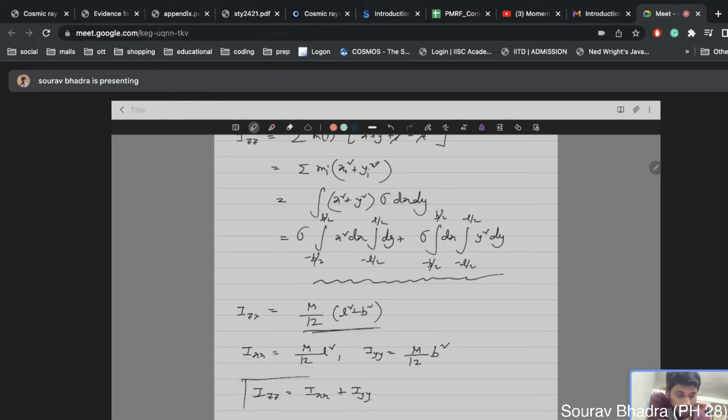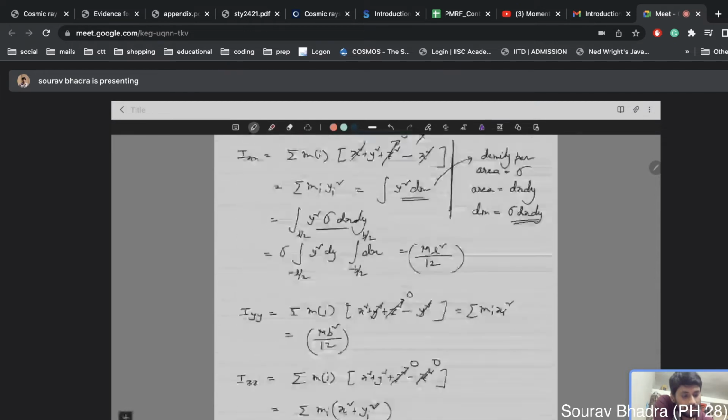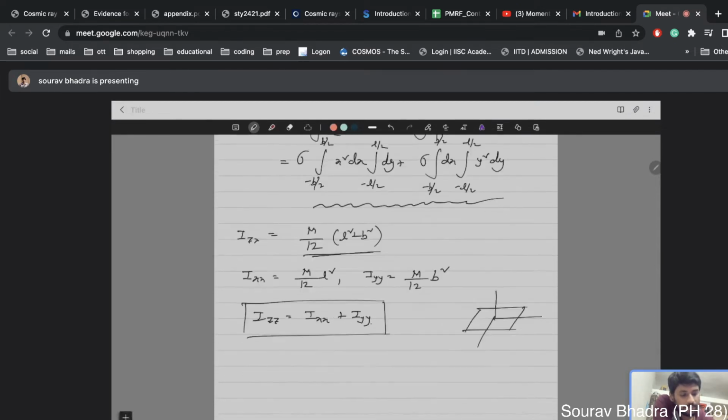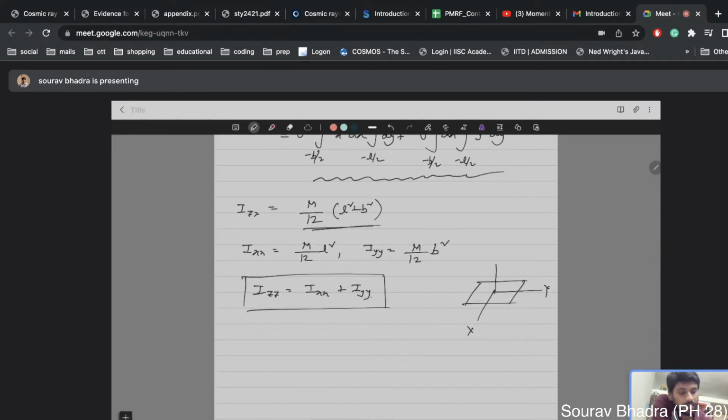Okay, so this is also called the perpendicular axis theorem. It is valid only for a laminar body. Like for our case it was a sheet, which is a laminar body, and this was x, this was y, and this was z.